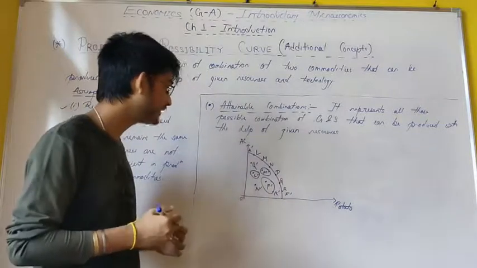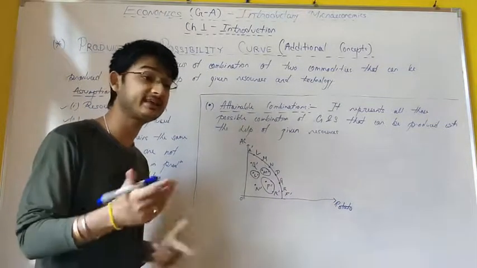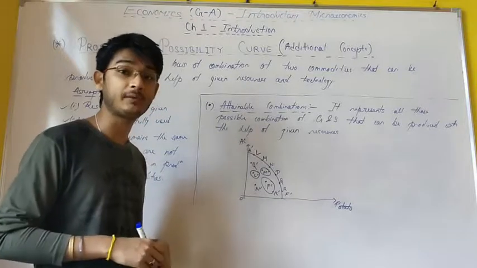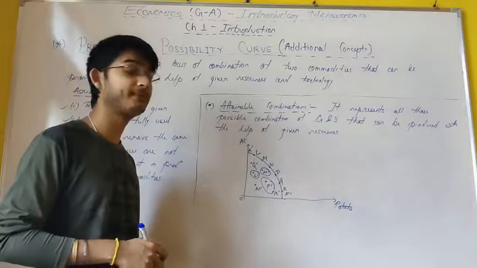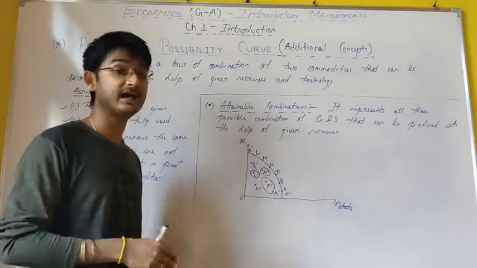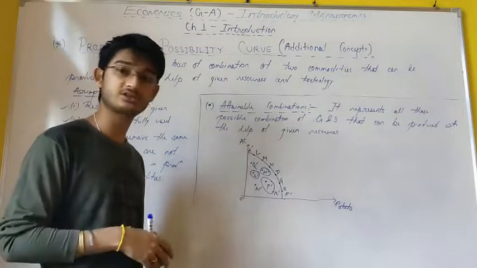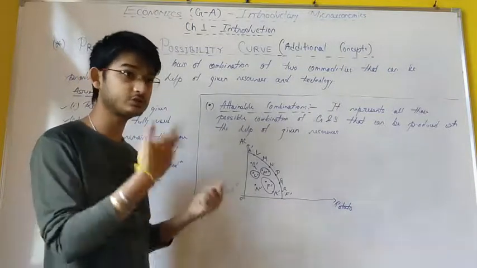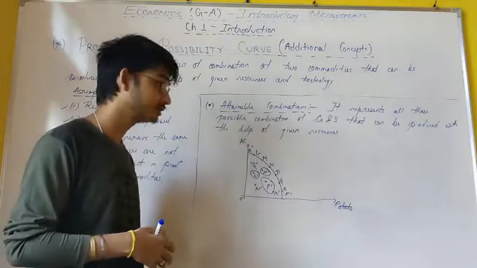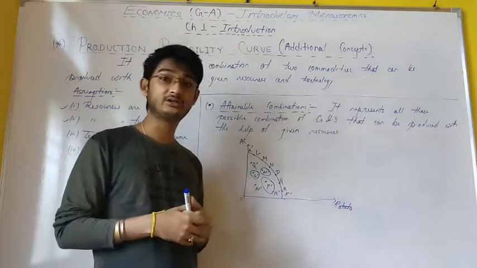But the main idea is that when resources are not fully getting utilized, say in case when there is unemployment, or some big companies or big industries are shut down for some time, that means resources are not getting utilized. The machineries which are inside all those production hubs are not getting utilized.